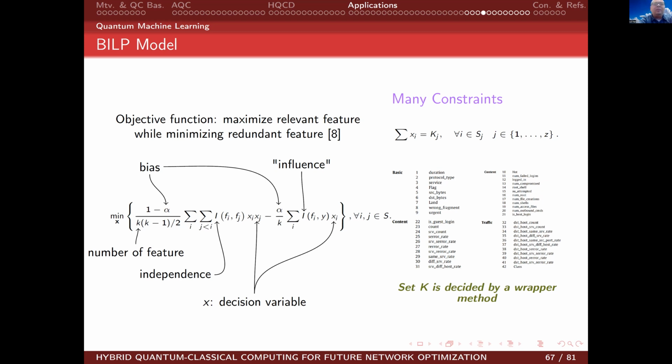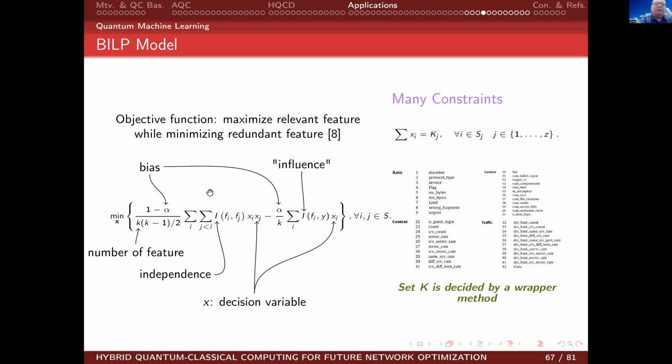At the same time, we want to discard as many redundant features as possible. So this is the balance between these two terms.